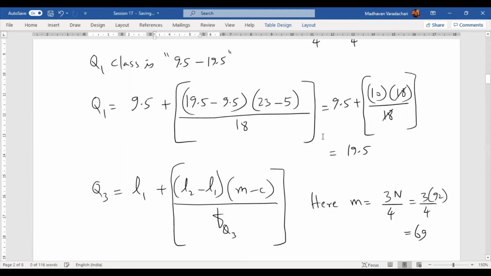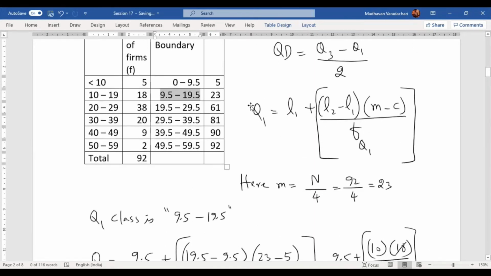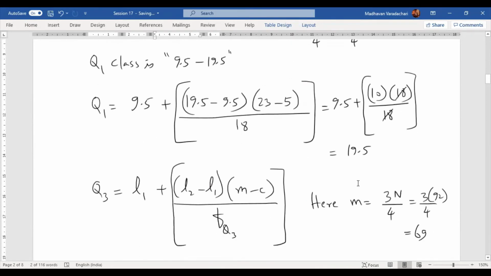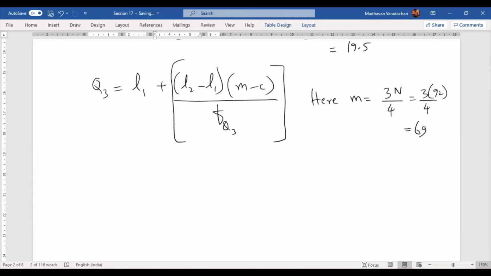Now let us look at where this 69 is occurring. Up to 5, no. Up to 23, no. Up to 61, no. Up to 81, yes. That means our quartile 3 class is 29.5 to 39.5. I'll say Q3 class is 29.5 to 39.5.